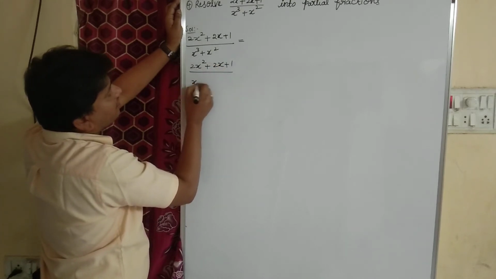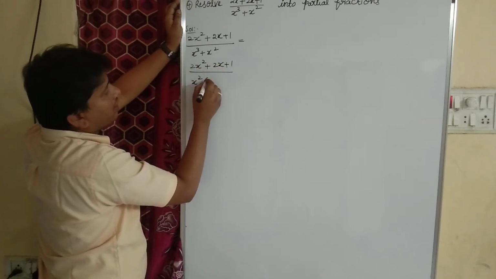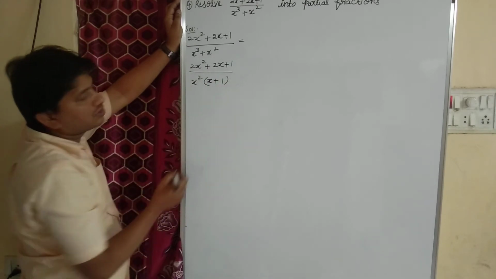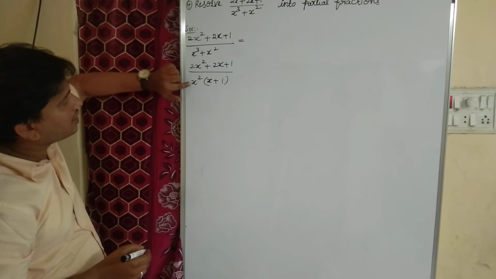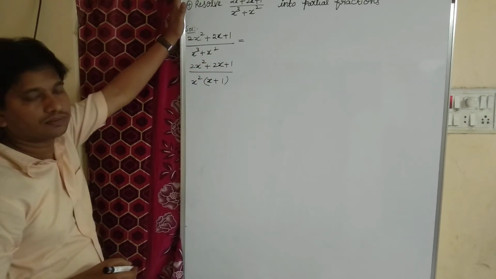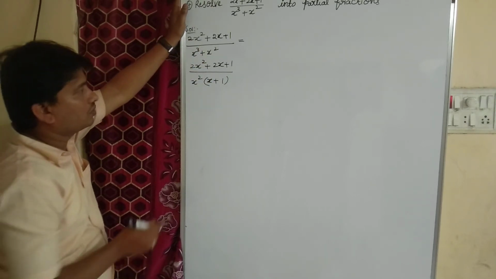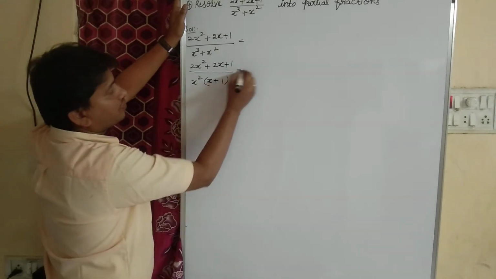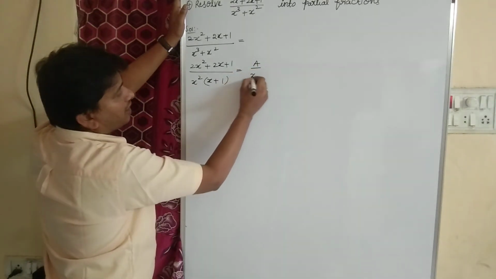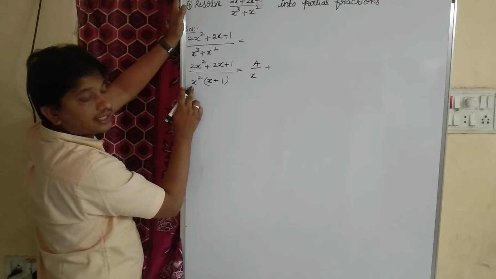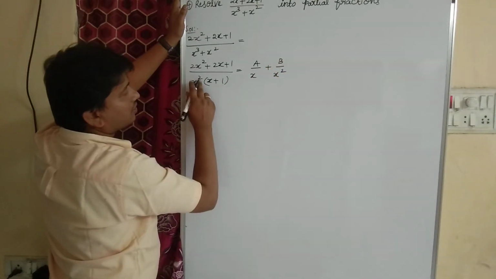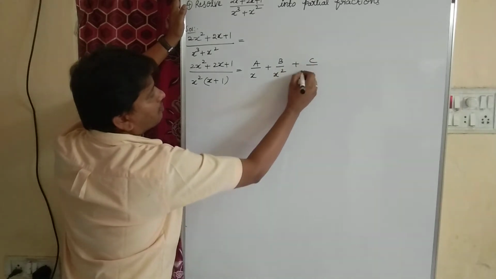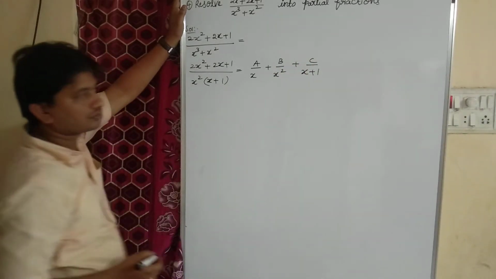If I take x square as common, I will get here x plus 1. Children, did you understand? x square into x cube plus x square into 1, again x square only. Now this I can express as a by x, then b by x square plus c by x plus 1.